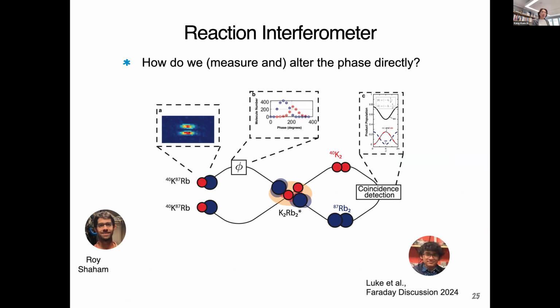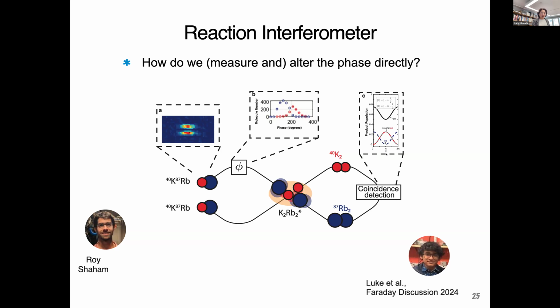In particular, let me say one of the things that we're actively working on now is to start with a cloud, split it into two, and for one of them put a relative phase between the two clouds, and allow them to combine, this reaction interferometer idea, and find out what the outcome would look like as a function of this phase that we alter.